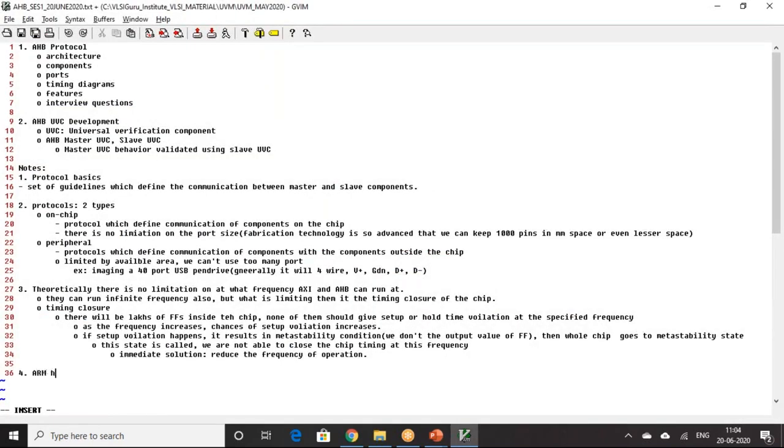ARM has three types of processors. One is called A series, one is M series, one is R series. A series uses the AXI protocol, M series uses the AHB protocol, R series uses the AHB protocol.